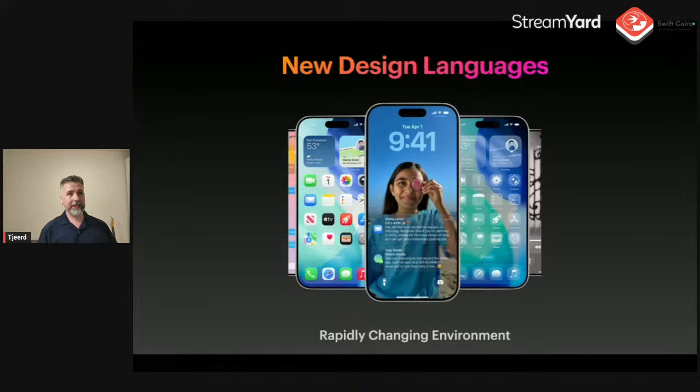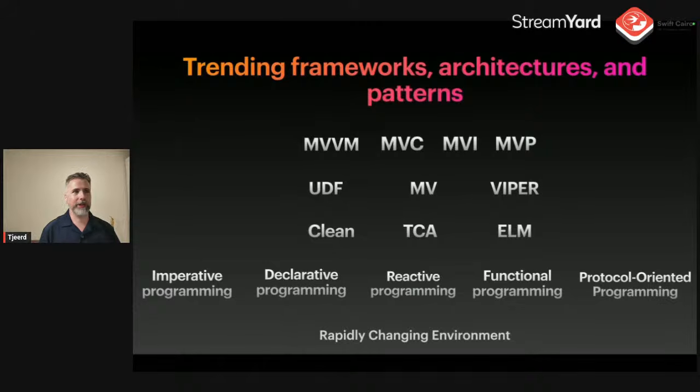And then ironically, if the external pressures are not enough, we also have internal pressures in the community. We just argue all the time, or squabble, I should say, about what is better. View models, MVC, you need unidirectional data flows, clean architecture, TCA, VIPER, model view.